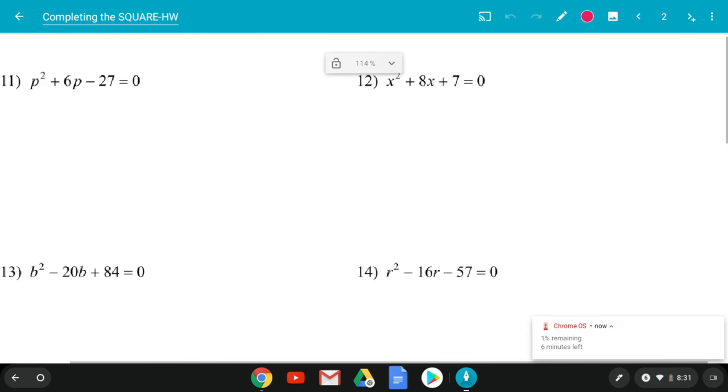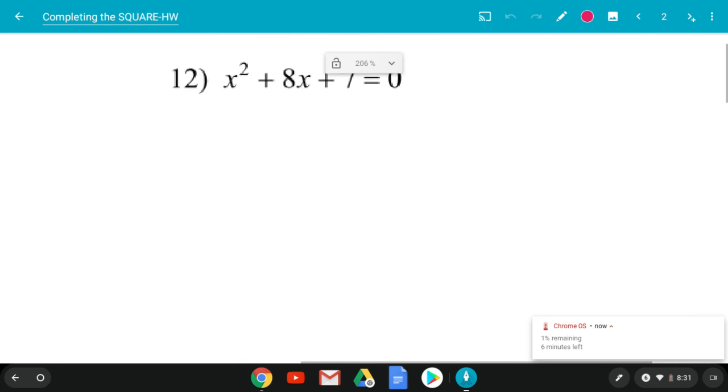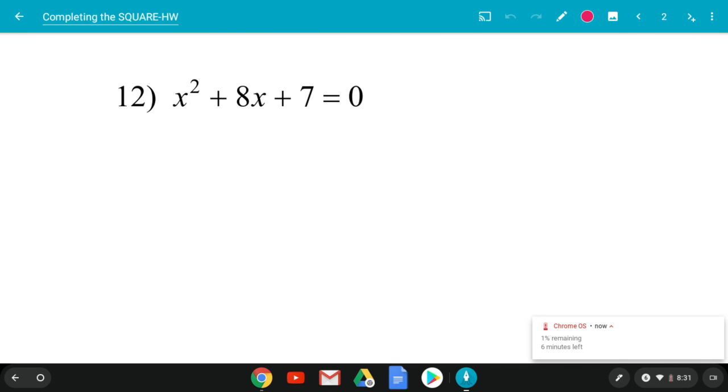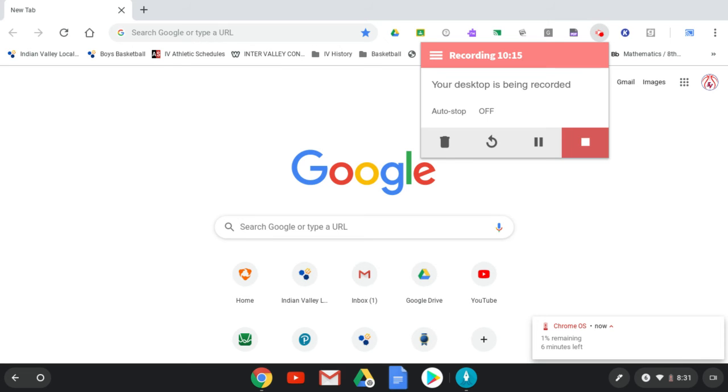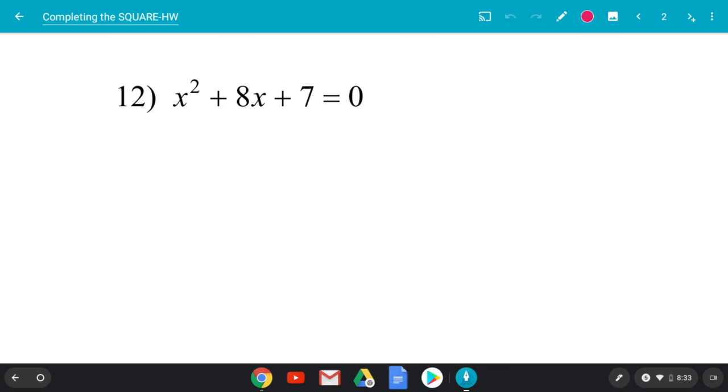Let's try number 12. I'll give you a minute. All right, let's look at number 12. Rewrite the problem: x squared plus 8x, leave a space, plus 7 equals 0.